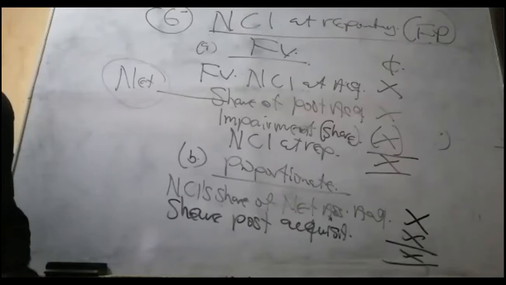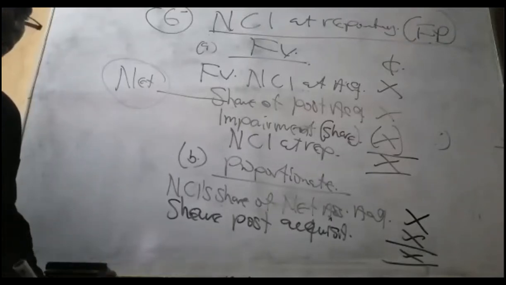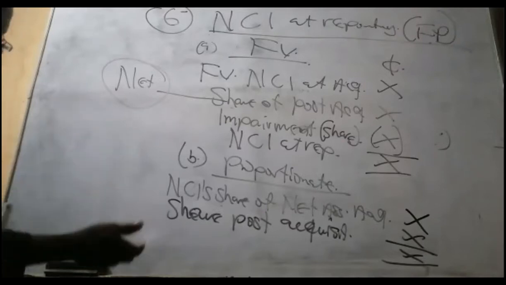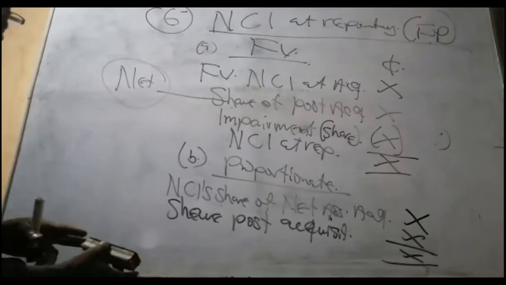You create a working for intra-group adjustments. After working seven and the intra-group adjustments, the rest you do on the face. So that is it. Then we start the full question.